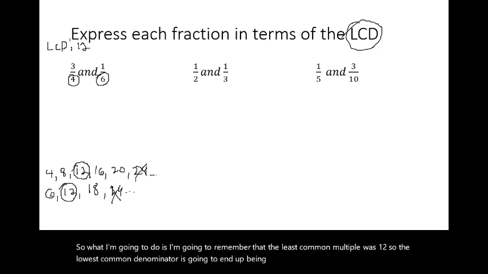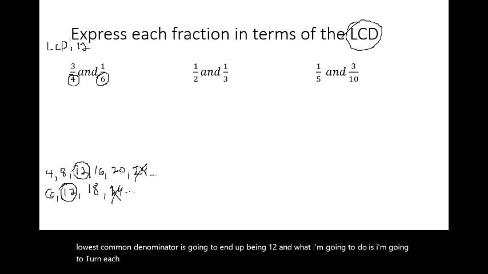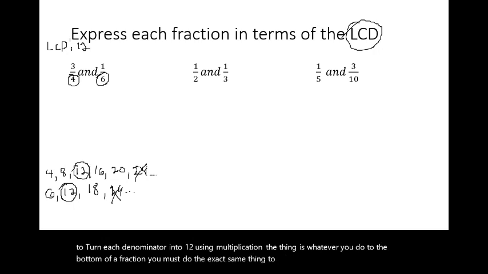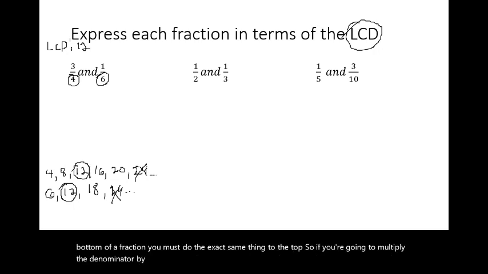And I'm going to turn each denominator into 12 using multiplication. The thing is, whatever you do to the bottom of a fraction, you must do the exact same thing to the top. So if you're going to multiply the denominator by something, you need to multiply the numerator by that exact same number.